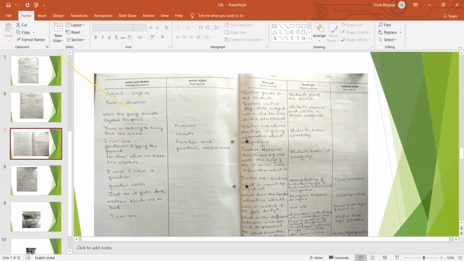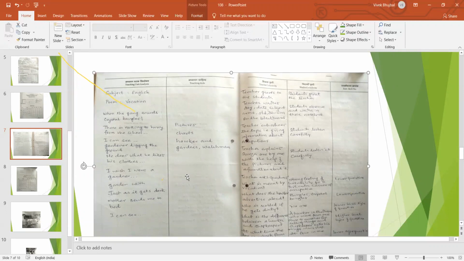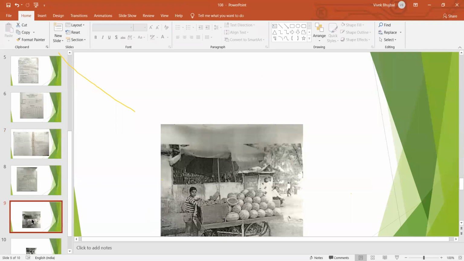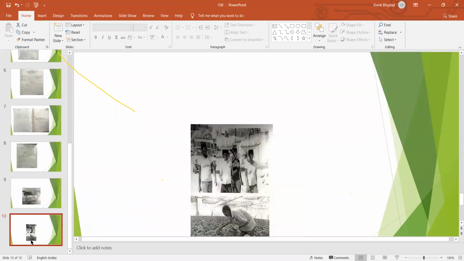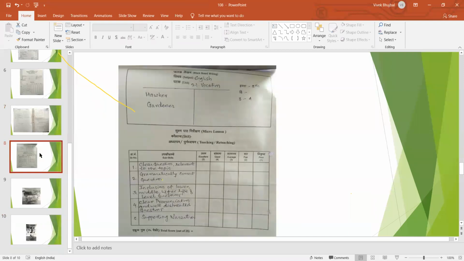These are the difficult words the teacher is going to write on the blackboard with their meanings. While showing the pictures to the students, the hawker and the gardener, some pictures are there. These are the teaching aids. While teaching, you have to show them, and you have to write on the blackboard the difficult words.